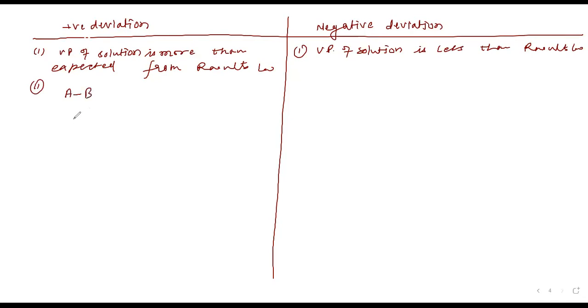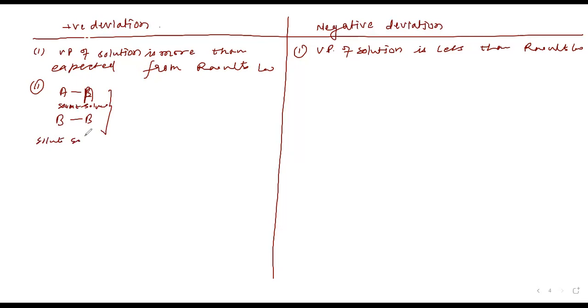Point number 2: the interactions. Here there is more vapor pressure, so again I am writing A-B, A-A, B-B. A-A is solvent-solvent, and B-B is solute-solute.